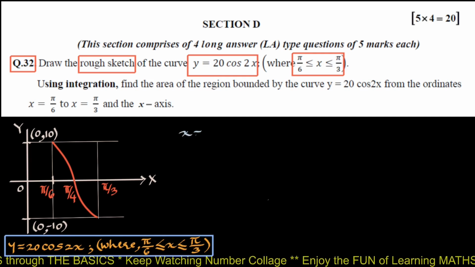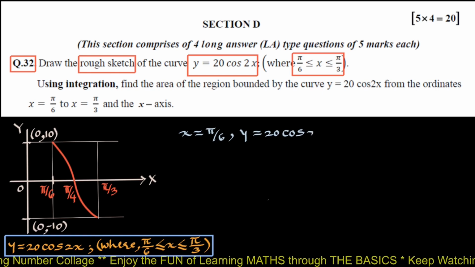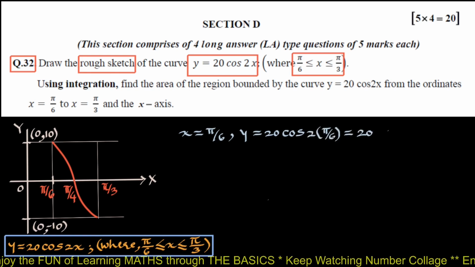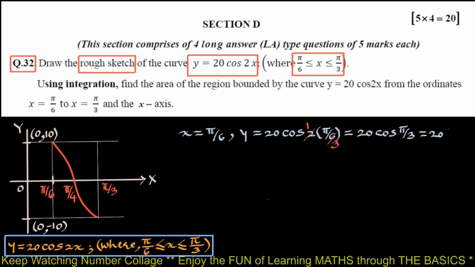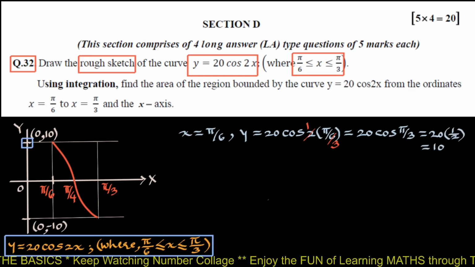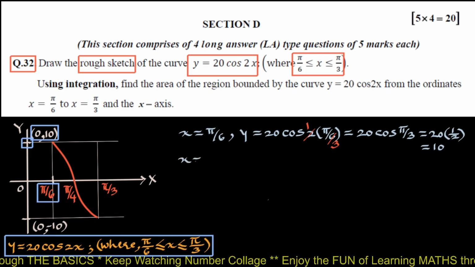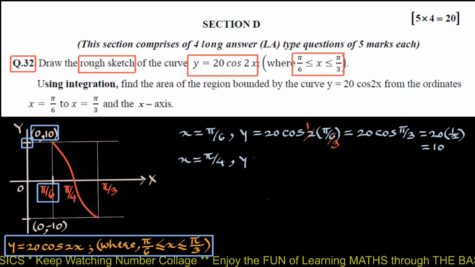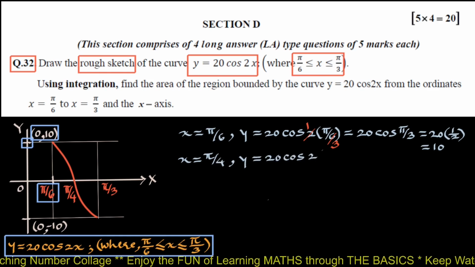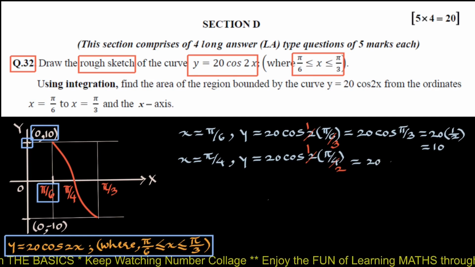When x equals pi by 6, y will be 20 cos 2 times pi by 6, 20 cos pi by 3, 20 into half, 10, which is this point here, pi by 6 comma 10. For x equals pi by 4, y will be 20 cos 2 times pi by 4, which will be 20 cos pi by 2, 0.